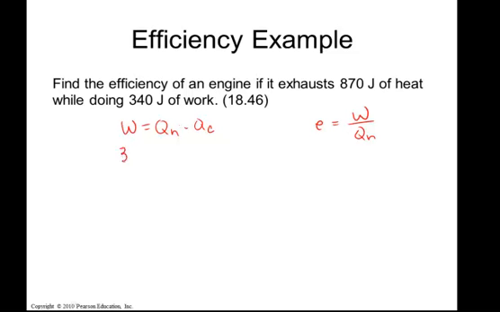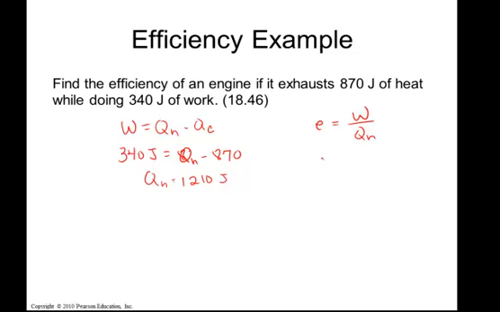And it says I have 340 joules of work, and that my Q of hot is what I'm trying to find, and the Q of my cold is the 870. So I'm going to be adding those together, and when I add those together, I'm going to get 1,210 joules.